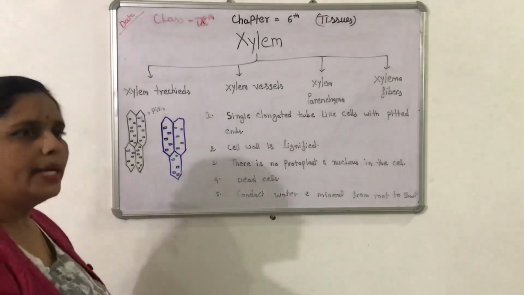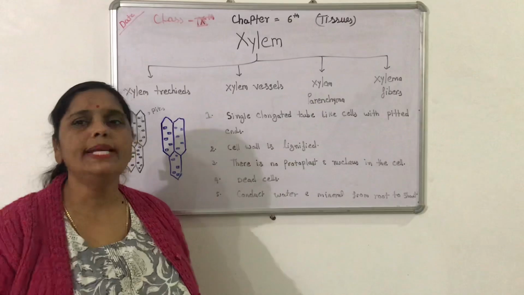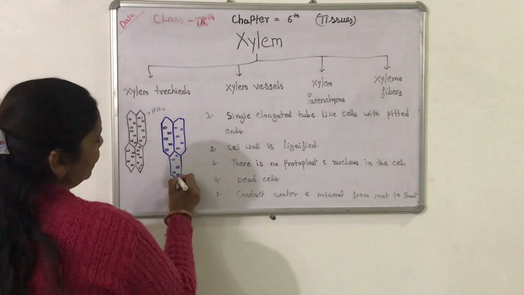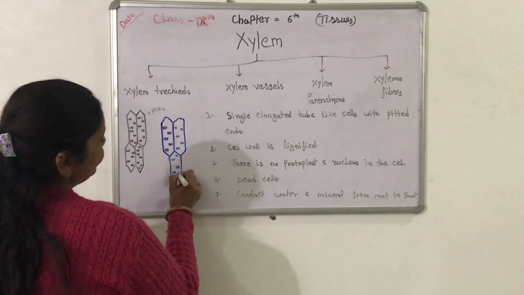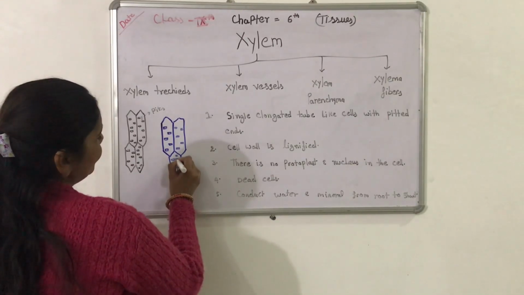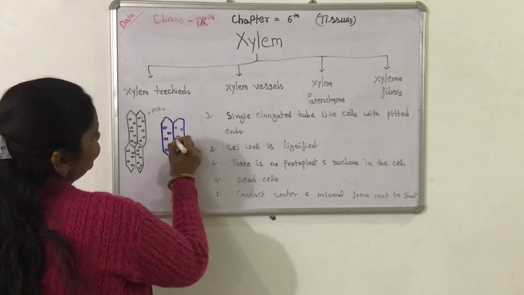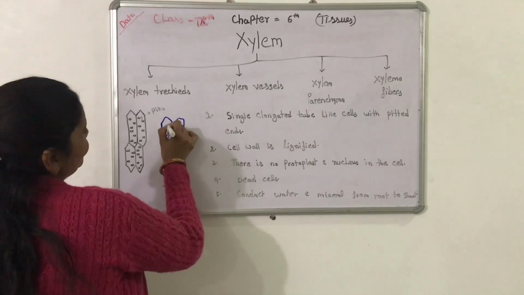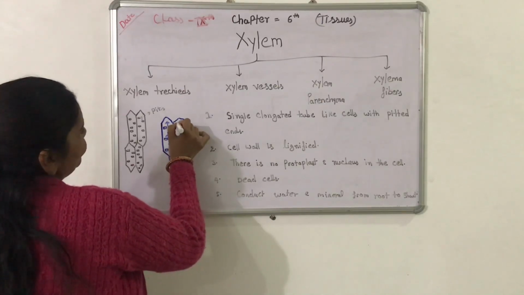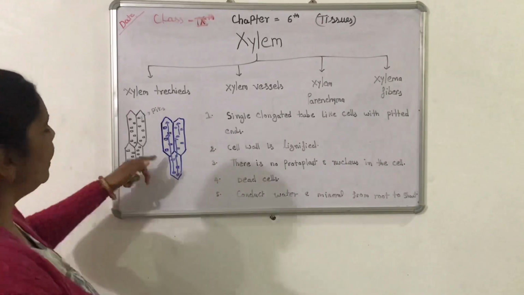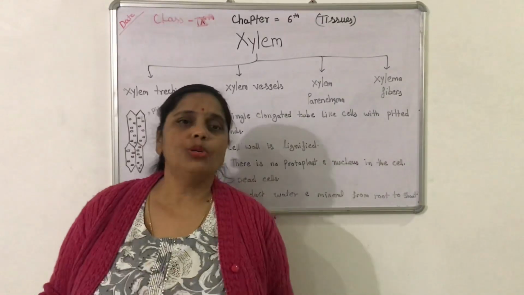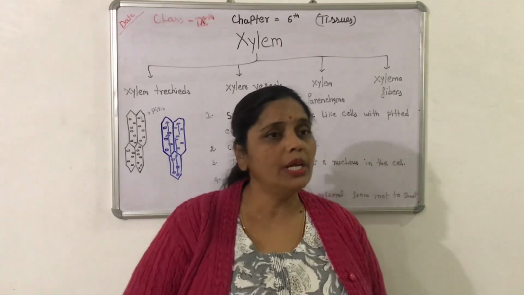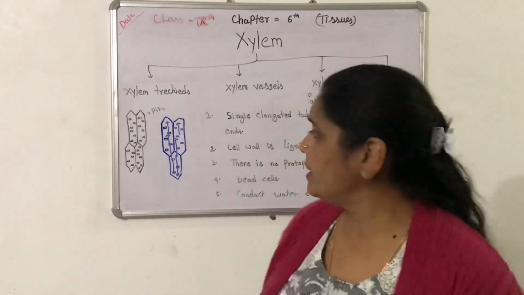They conduct water and minerals from root to each and every part of the plant. And how do the water and minerals conduct through the tracheids? From pit to pit. This way, water and mineral reach each and every part of the plant. I hope you have understood the function of the tracheids.